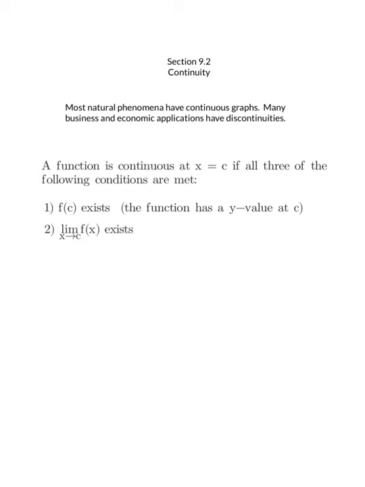Condition 2 is that the limit as x approaches c of the function f of x must exist. Condition 3 is that the limit as x approaches c of the function f of x must be equal to f of c, or the y value at exactly c.